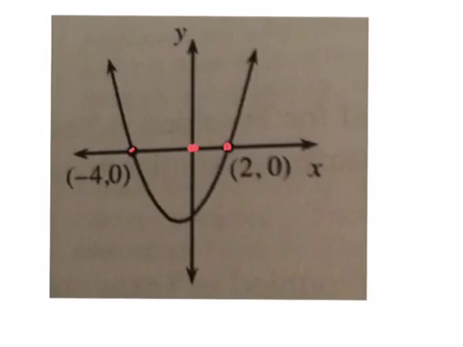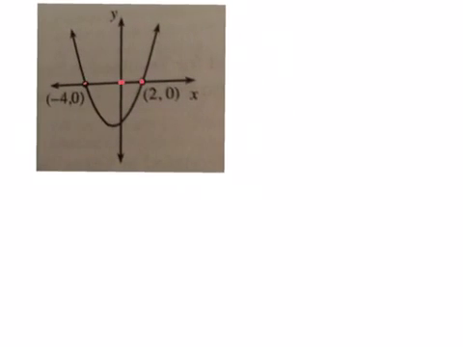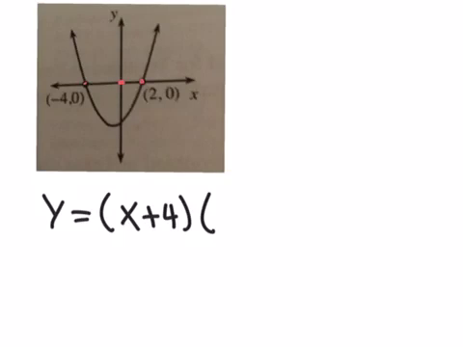Now, let's reverse engineer this thing. What equation came up with that parabola? Well, let's see. If that was a 0, it means that it was something like this. So here's my equation, and it was going to be x plus 4 times x minus 2.